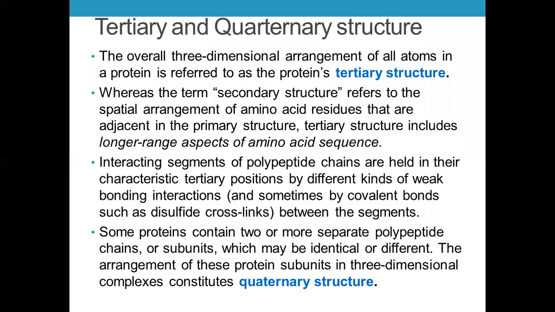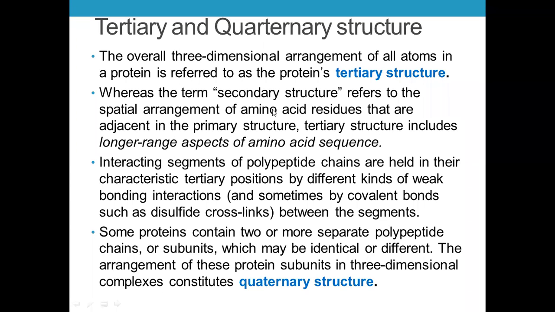Whereas the term secondary refers to the spatial arrangement of amino acid residues that are adjacent in the primary structure, tertiary structure includes longer range aspects of the amino acid sequence. In the secondary structure, it is close range, amino acids in close proximity.